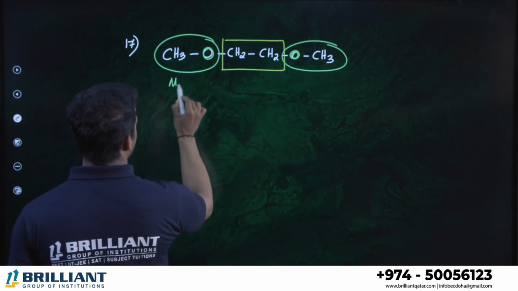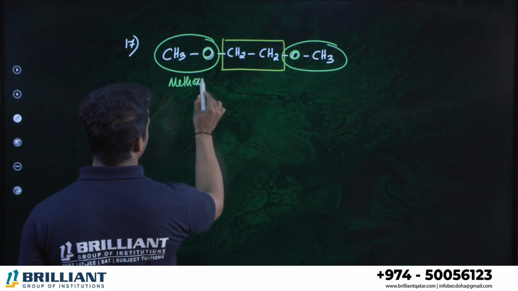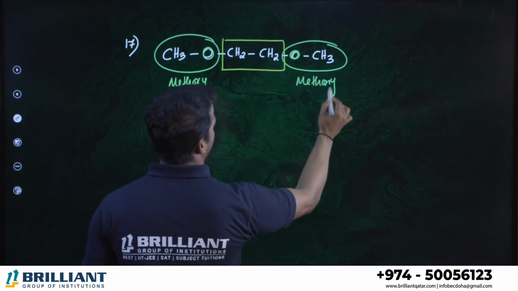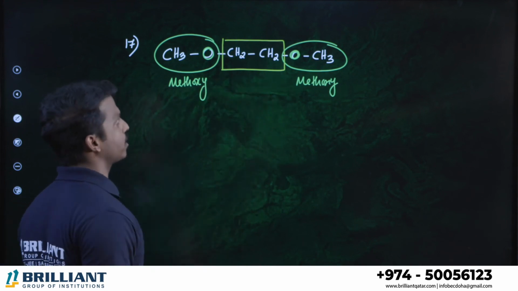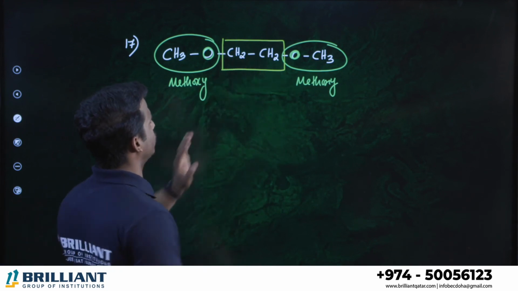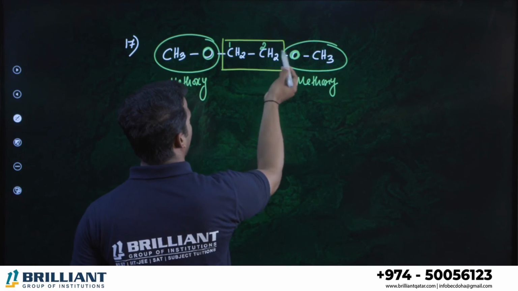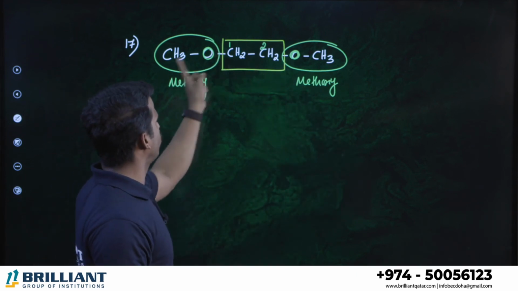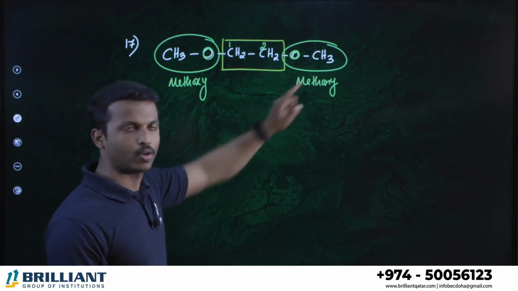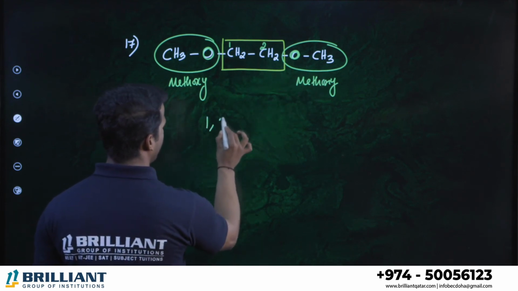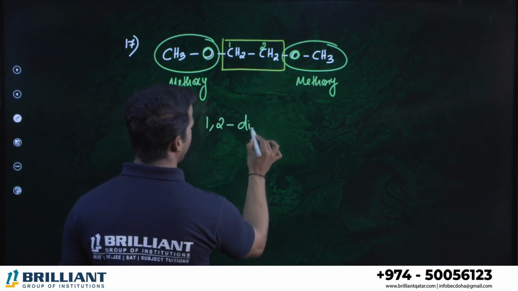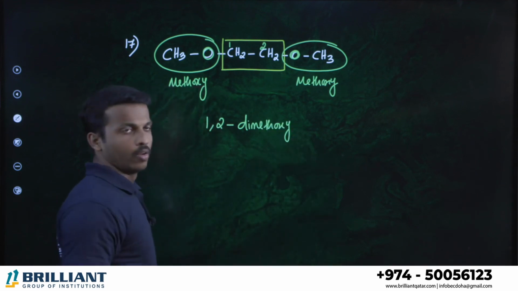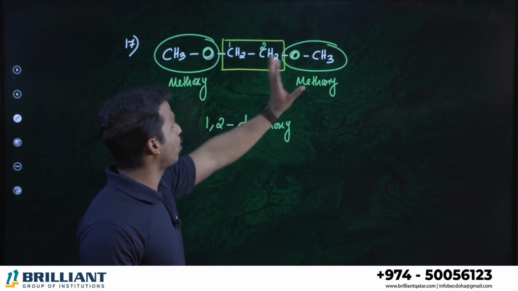If you take that as the parent chain, definitely the remaining groups are your branches. A methyl group with oxy is called what, dear all of you? Methoxy. This is also methoxy. Branches should get the lowest numbers, so you number the parent chain that way. You can write 1, 2 or 1, 2. Both are the same. At the first and second positions, 2 methoxy groups are there.